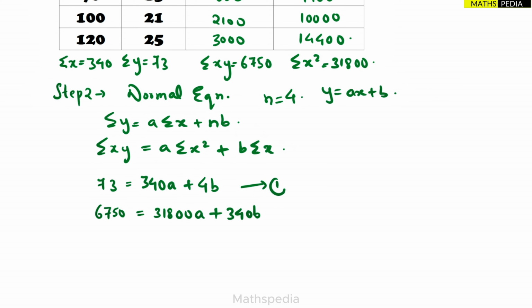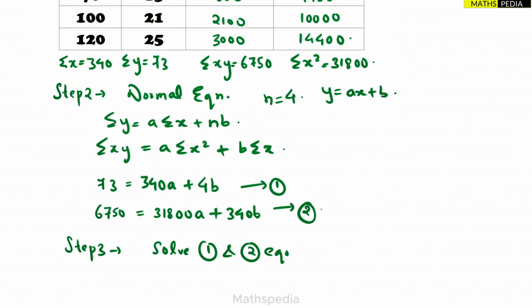Now this is the first equation and this is the second equation. As we know, we have to solve the first and second equation. That becomes step number 3. Solve the two equations, equation 1 and 2, and get the values of a and b.